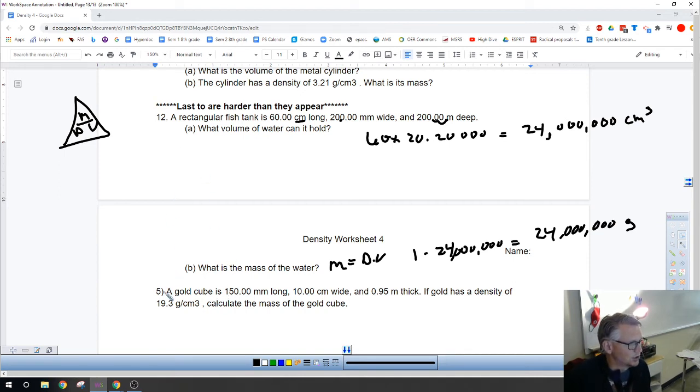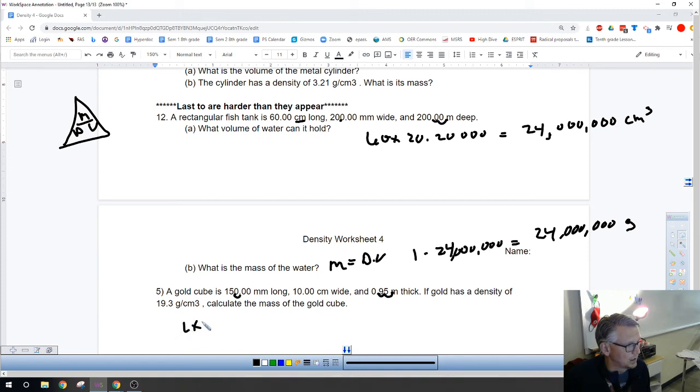Number 5, which should have been 13, sorry. A gold cube is 150 millimeters long times 10 centimeters times 0.95 meters. We need to convert those into centimeters. So millimeters to centimeters, we need to move the decimal point one place that way. We're in centimeters and we're at meters, so we need to go to centimeters. So we need to move it 2 places to the right.